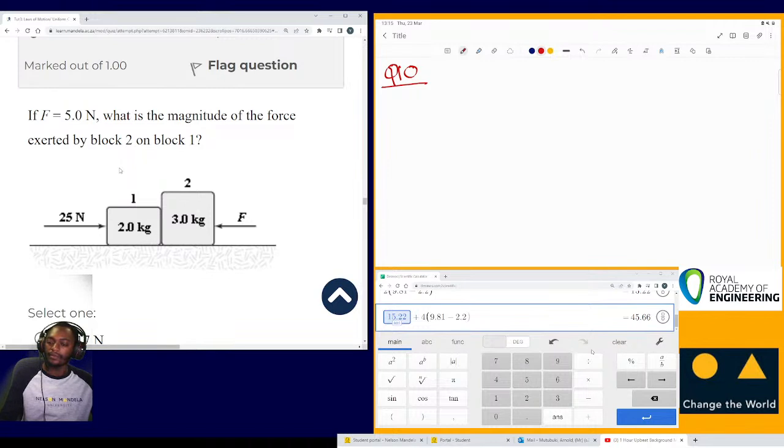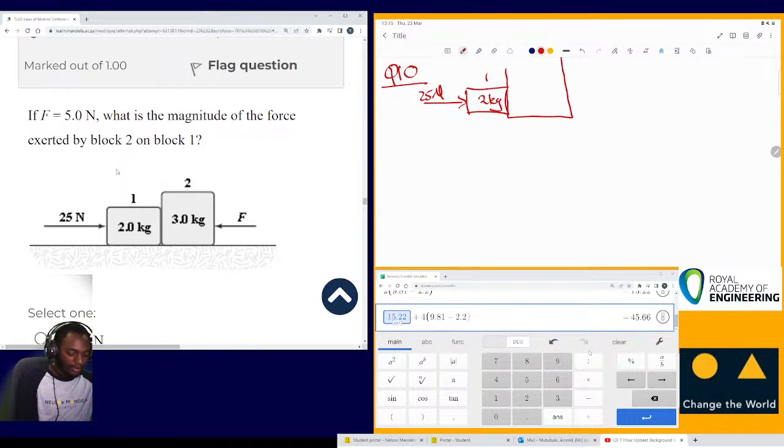I think we first have to draw free body diagrams. Okay, yes. So firstly, I'll just put it as it is. We have our 25 Newton, and this is our 1, this is our 2 kg, and these are in contact.